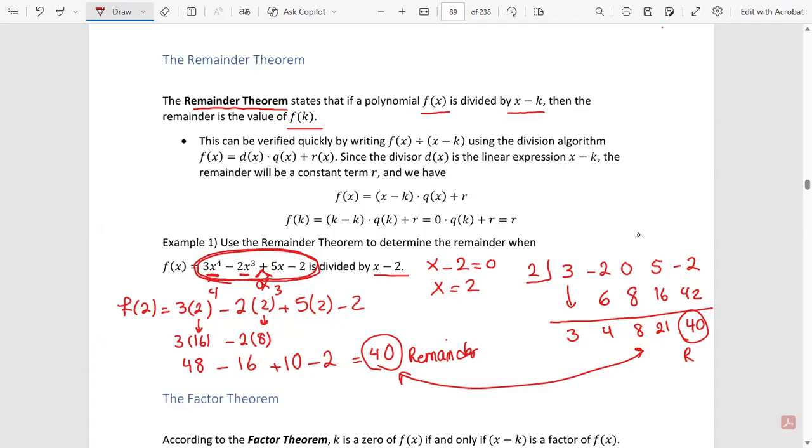If the remainder is not 0, like in this example, x minus 2 is not a factor, or 2 is not a zero. The reason that we find factors is that from each factor we can find a zero. If x minus 2 is not a factor, then x equals 2 is not a zero as well.